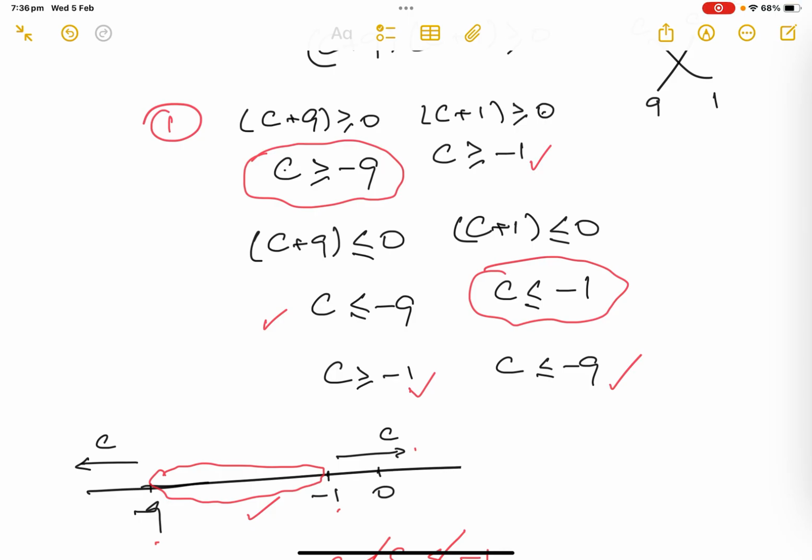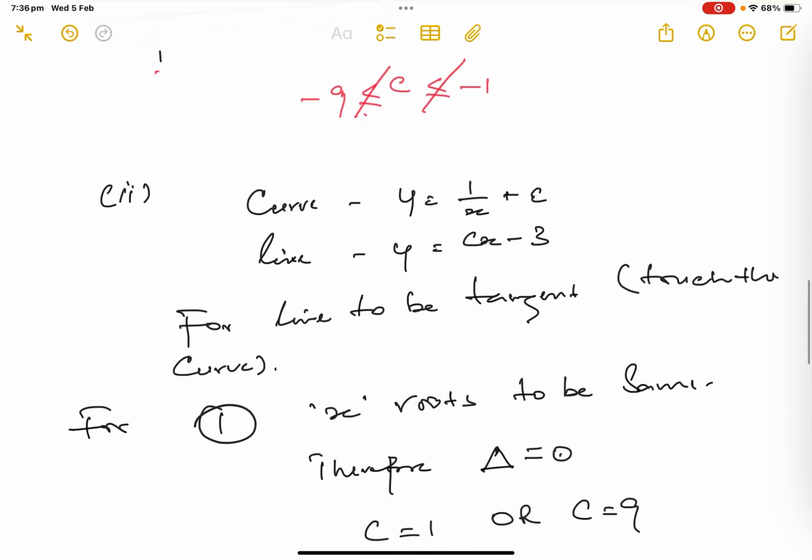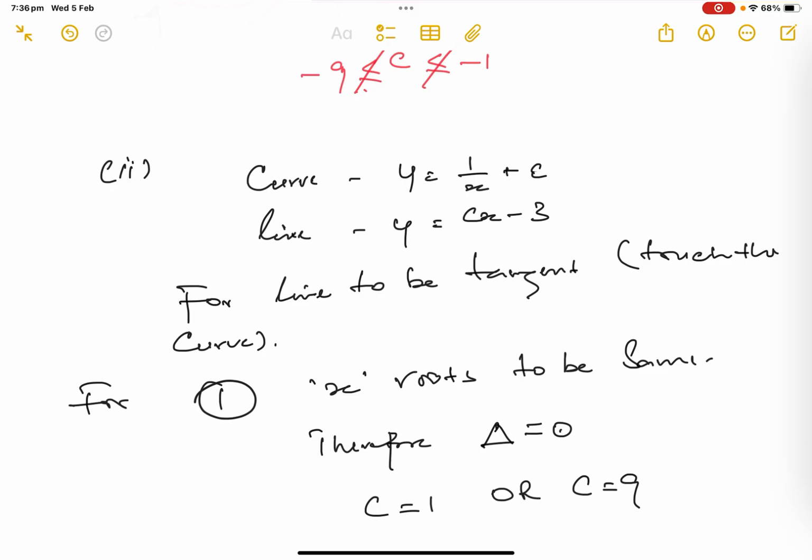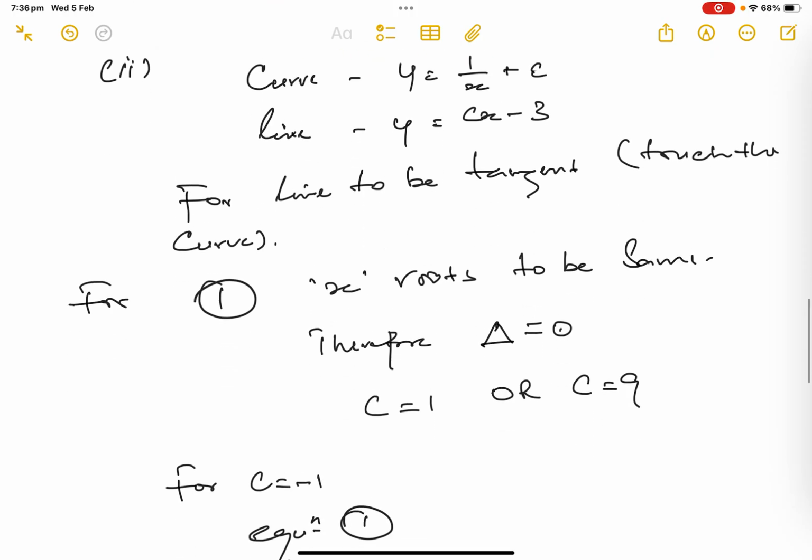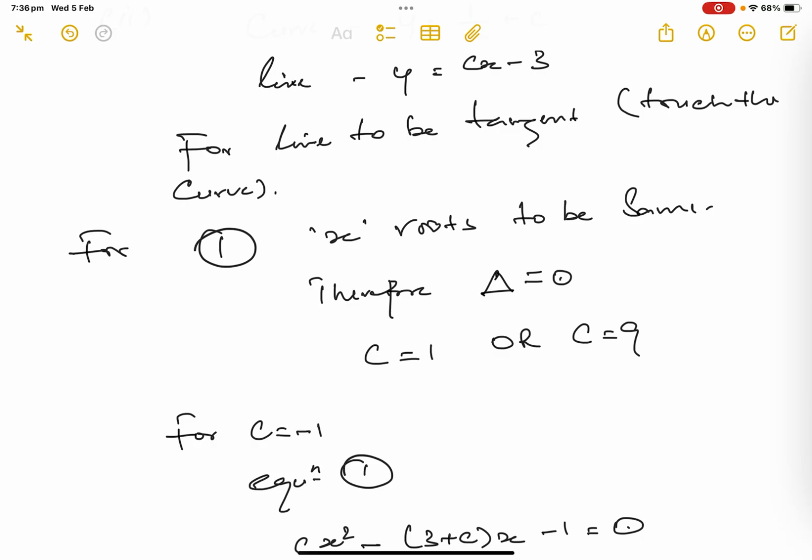Touching means there should be one value of x for a particular c. For the line to be tangent to the curve, the x roots have to be the same. Therefore, the discriminant equals 0, as I said before.